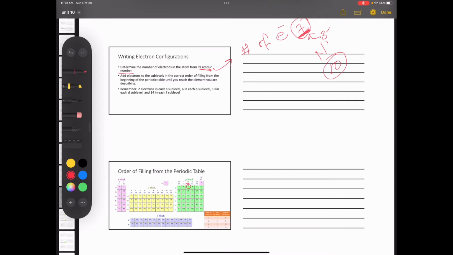Because nitrogen in this case has accepted 3 additional electrons. Okay, so that makes it 10 in total.